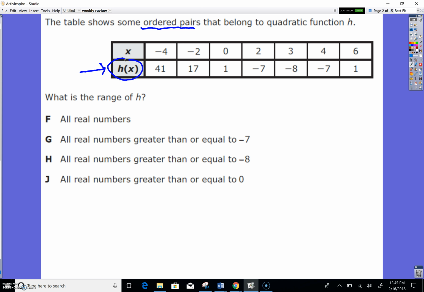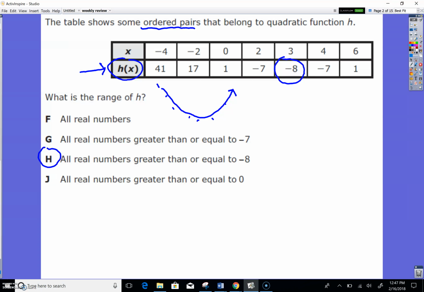It starts at 41, then goes down to 17, then down to 1, then down to -7, then -8, then it starts going back up, -7, then back to 1. So our smallest number is going to be -8, so it goes down, then back up. So it is going to be all real numbers greater than or equal to -8.